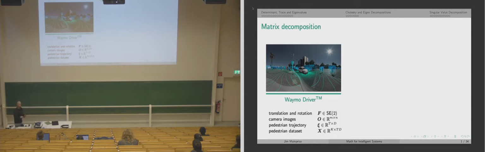I said that multiple times during the lecture: if you have a matrix, you can stack the columns of the matrix into a vector. That's the basic idea of why matrices are actually vector space elements. That comes up when you actually implement things. If you have a trajectory and you want to optimize it, you will make a vector representation, and then you can linearly transform that trajectory by multiplying it by a matrix.